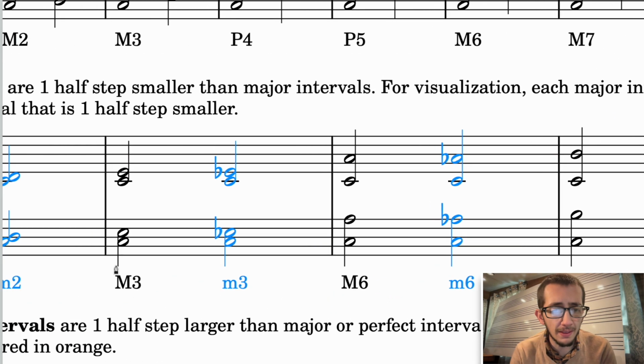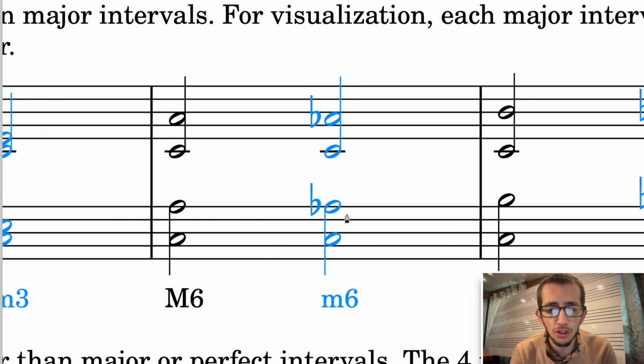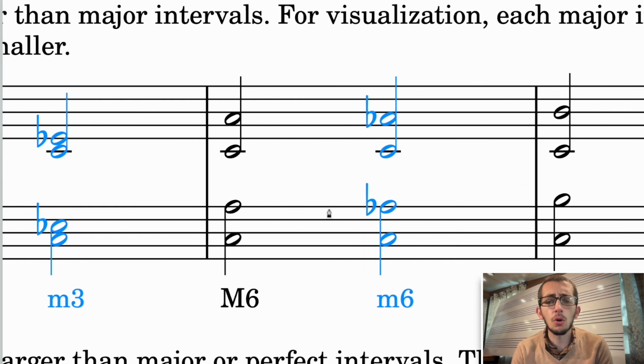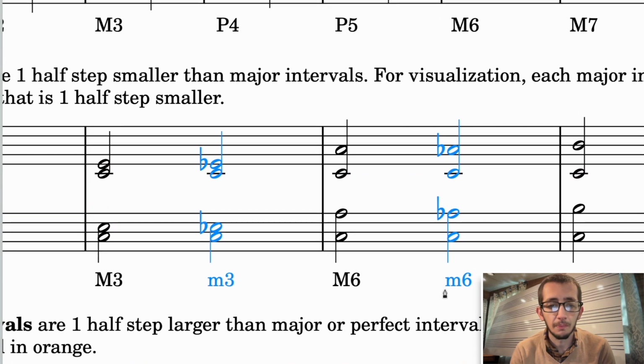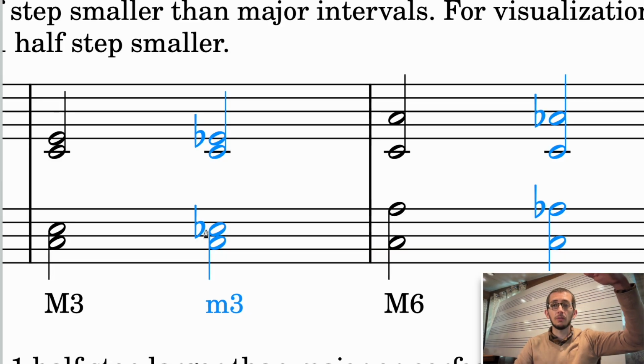You wouldn't want to write this note as a D sharp. You wouldn't want to write this note as a G sharp. And you wouldn't want to write this note as an A sharp. Although those are enharmonic equivalents, they would no longer be the distance of a third, a sixth, or a seventh, because they would no longer span the same amount of lines or spaces, or the same amount of letter names within the musical alphabet.